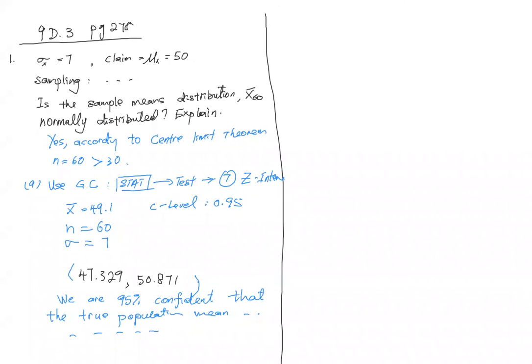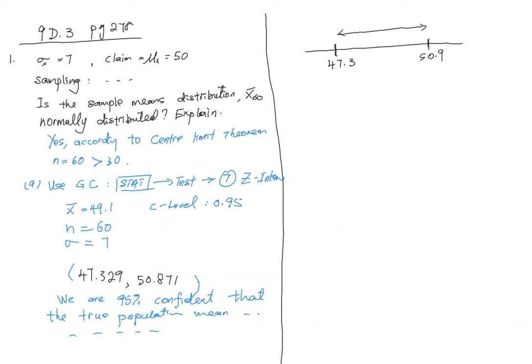Before you try to answer part B, I want to explain what you mean by this confidence interval. I can present my confidence interval as a number line: 47.3 to 50.9.